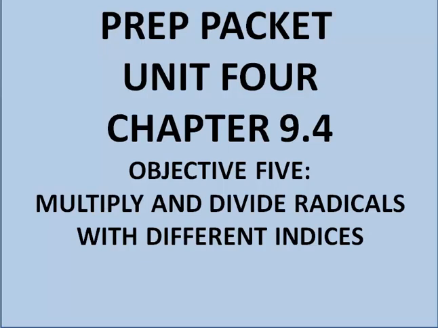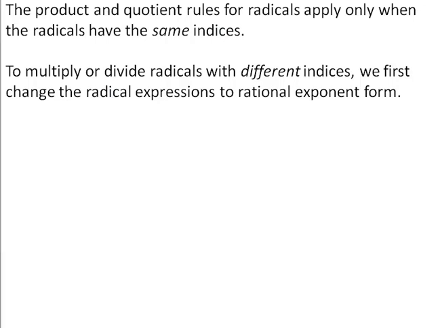This is the prep packet video for Unit 4, Chapter 9.4, Objective 5, where we multiply and divide radicals that have different indices. The product and quotient rules apply for radicals only when the radicals have the same indices.